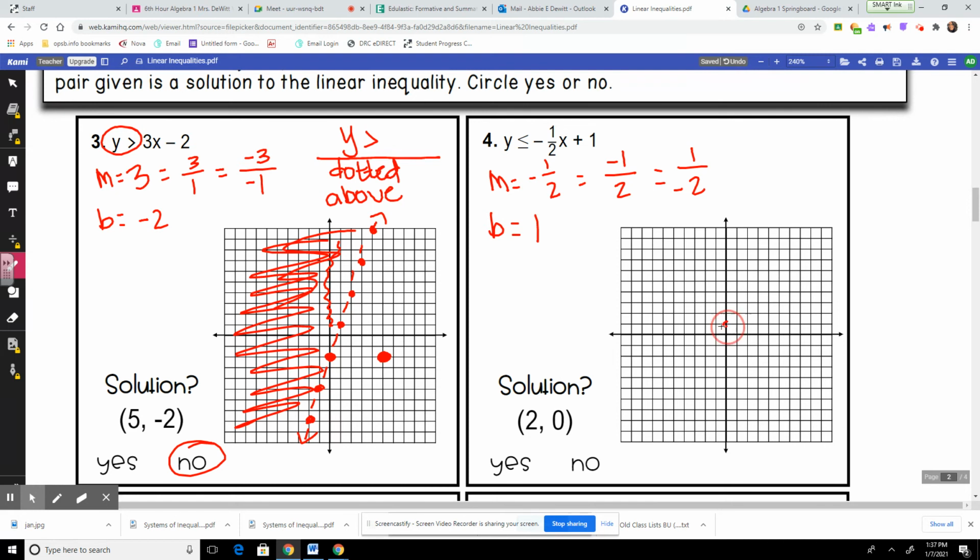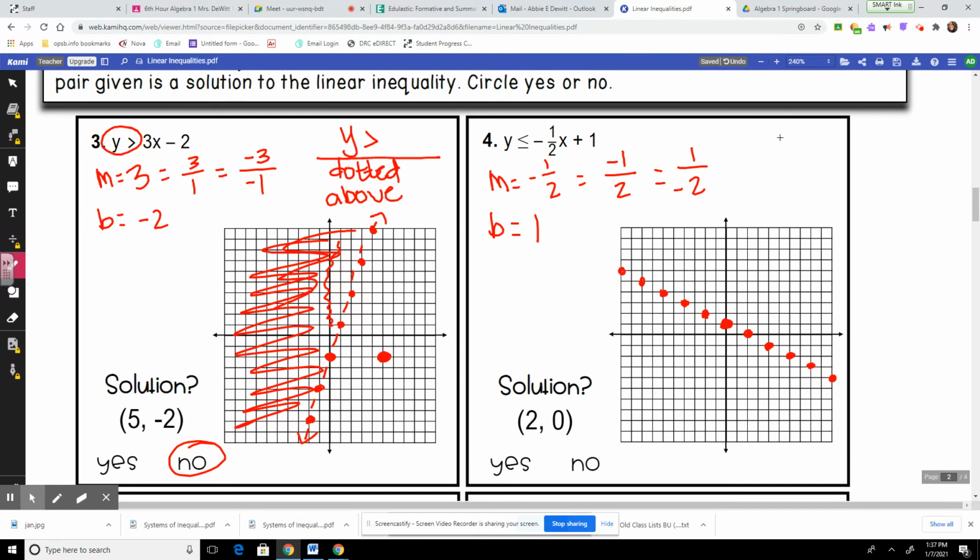So I'm going to go to positive 1, plot a point. From that point, I can go down 1, right 2. Down 1, right 2. From that point, I can also go up 1, left 2. Up 1, left 2.